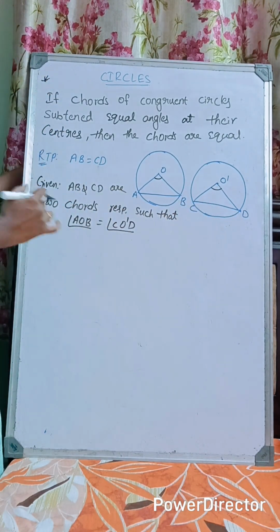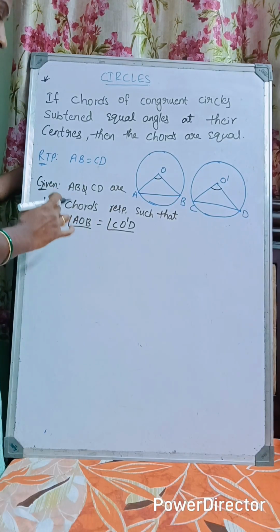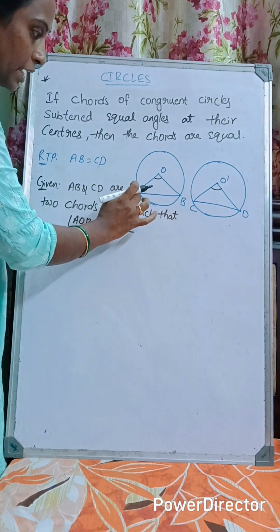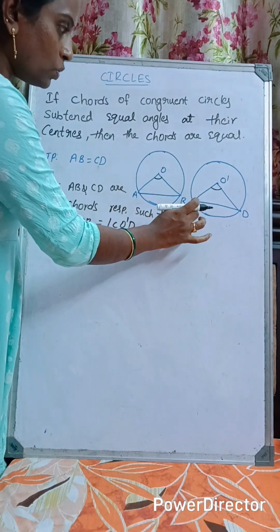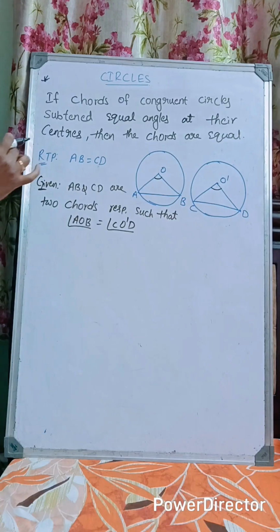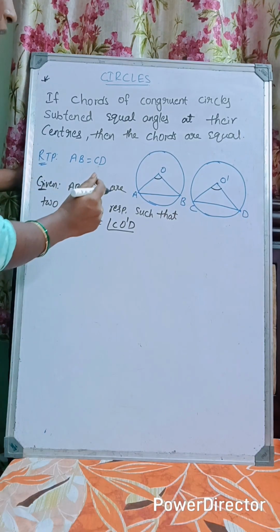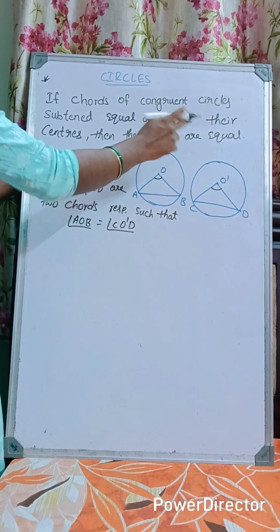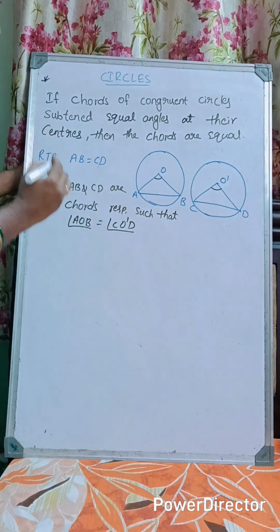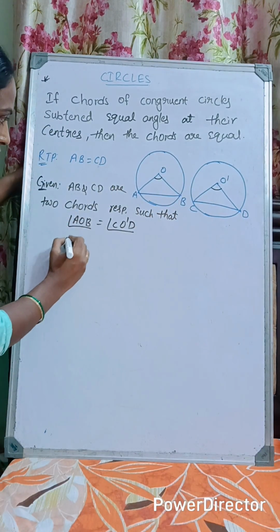So, from the given data, AB and CD are two chords respectively such that angle AOB is equal to angle CO dash D. They are given. Correct? Now, to prove the chords are equal, let's show these two triangles are congruent. What are those triangles actually?